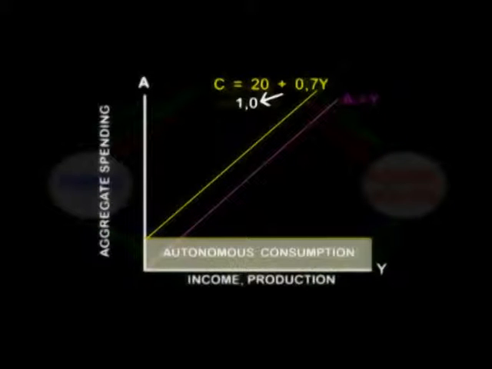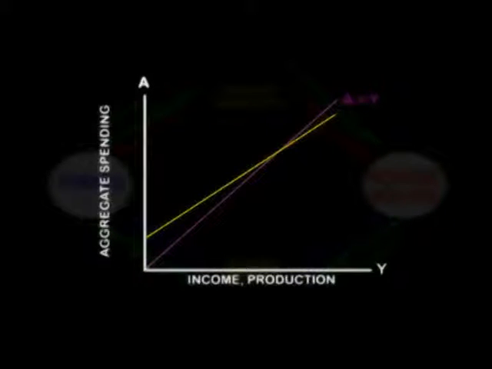It is all spent. With an MPC of 1, each additional unit of income that is earned is consumed and nothing is saved. Let's return to a position where our MPC is equal to 0.8. Let's further assume that the level of autonomous consumption is 20. The consumption function now looks like this.